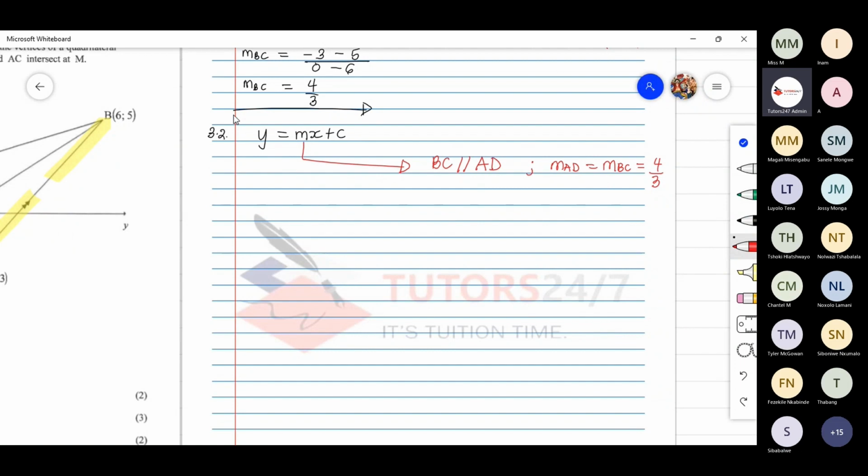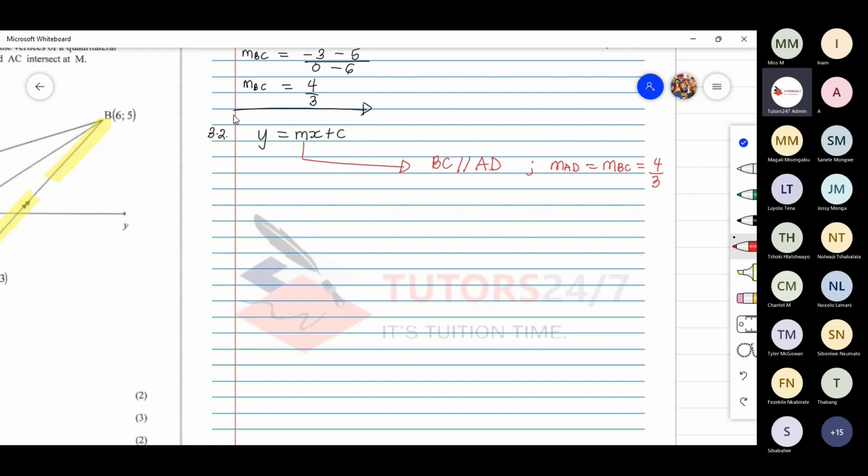If you just write m equals 4/3, you're going to spend extra time trying to look for the gradient. Whereas if you wrote the gradient of BC, m subscript BC, you just look up and see, oh, I previously calculated it. So that is a reason that I would recommend that you use the subscript.